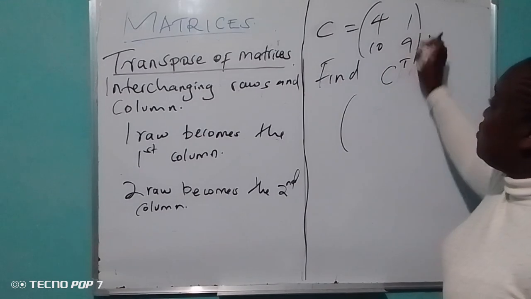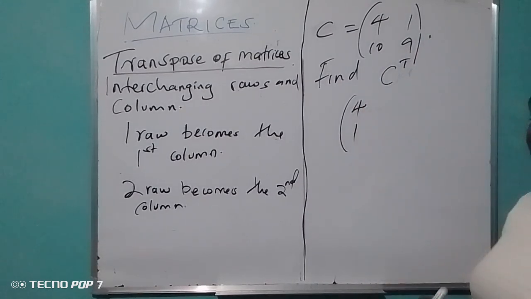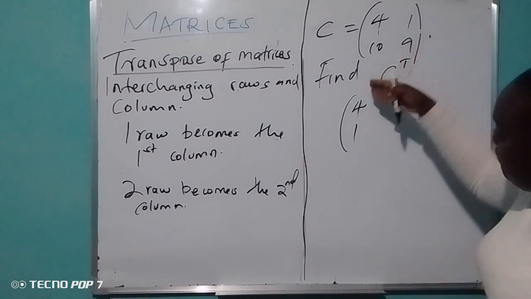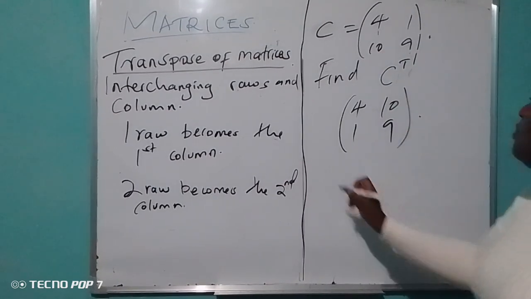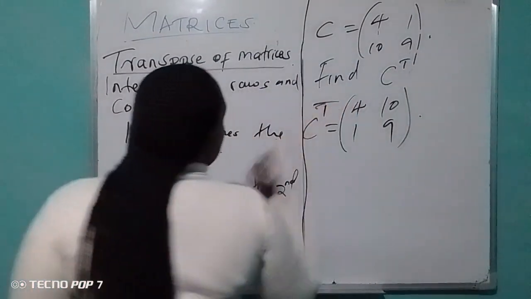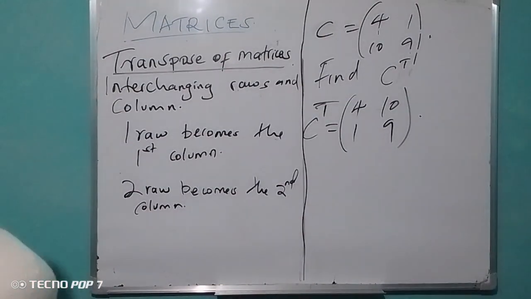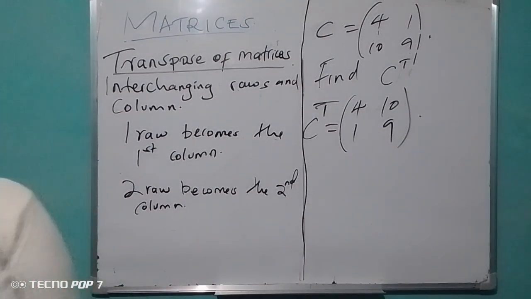Second row becomes the second column. So C transpose is that. That is very simple. Tuendelee ama tuachie hapo?